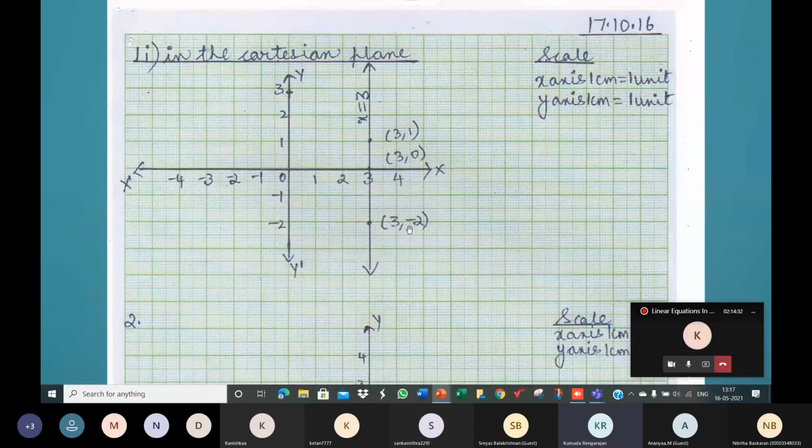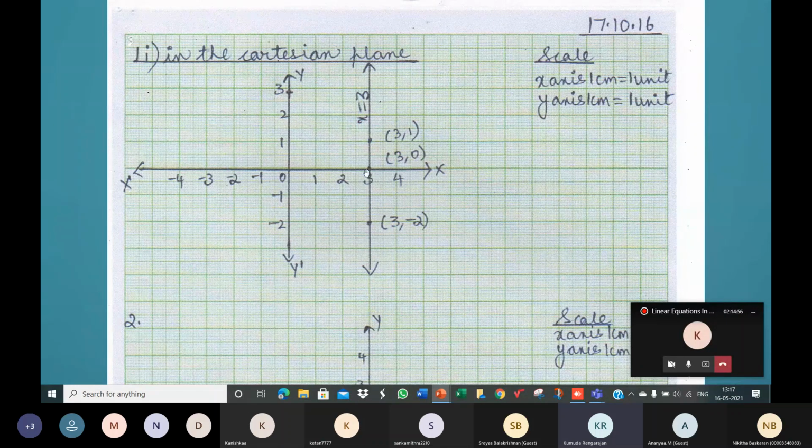When you plot those points, (3, minus 2), (3, 0), (3, 1), you see that the points are collinear. They can be connected by the same straight line. It's a line, so put arrows, and write the equation on it. What's the equation? x is equal to 3. Write the equation on the straight line obtained.